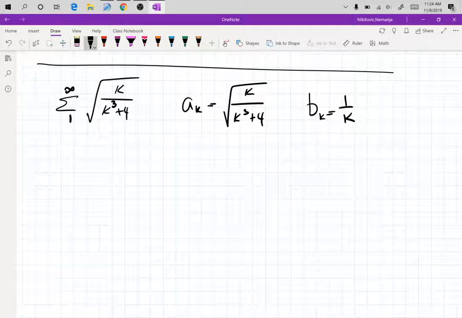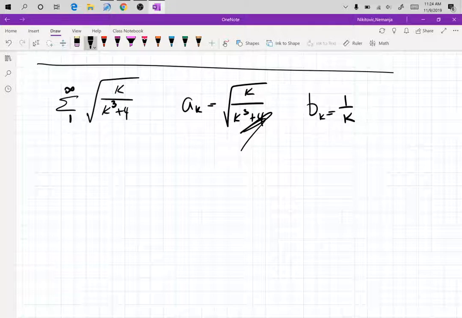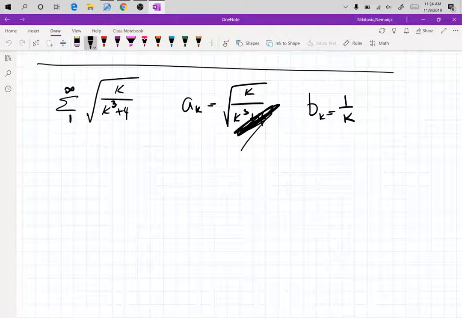Can you go over that again? Exactly how that works: when you kill the non-essential plus 4, what happens with k and k cubed? They cancel down to 1 over k squared. Square root of 1 is 1, square root of k squared is k.